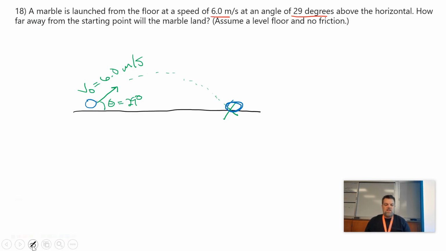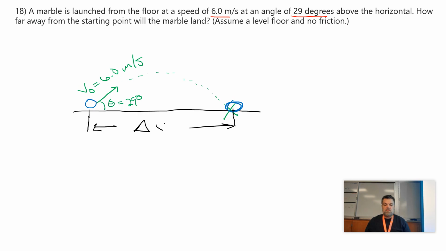So this is just the range equation. I like these. These are pretty easy. So the range equation basically helps us calculate delta x, the distance from here all the way to here.